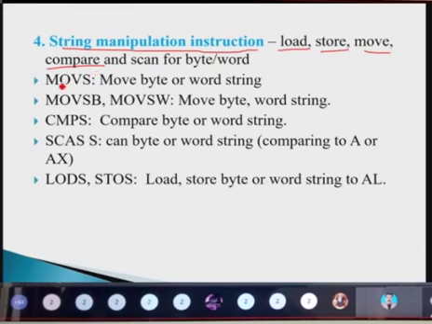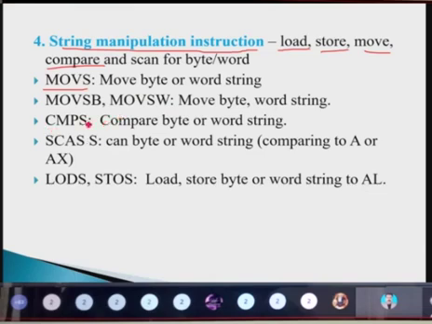So which instructions do we use? MOVS, where we will be moving the byte or word string. MOVSB or MOVSW means it will be moving the byte or the word string. Okay, so that comes under MOVSB, MOVSW.